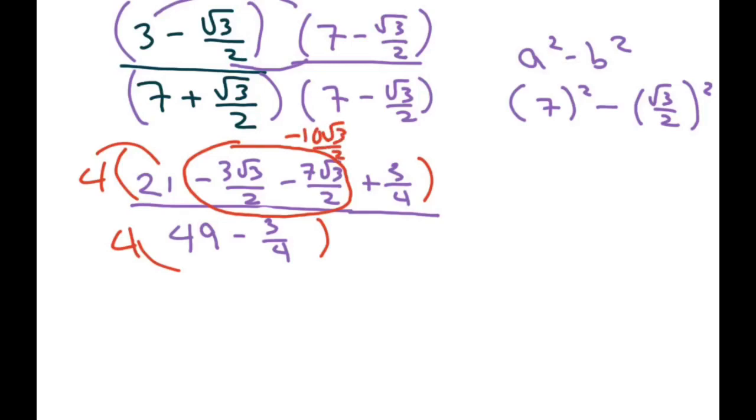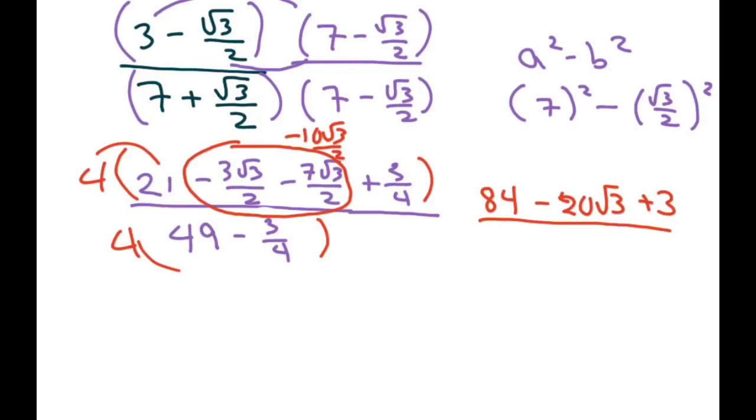So you multiply everything by 4, you're going to get 84 minus 40. Well, that's actually going to be minus 20 square root of 3 plus 3.